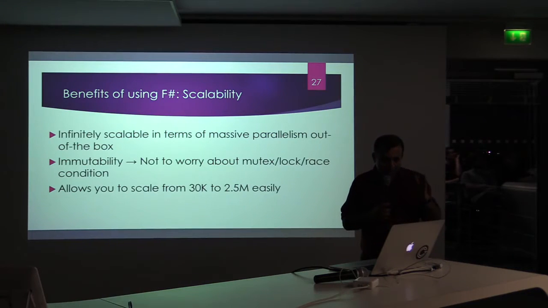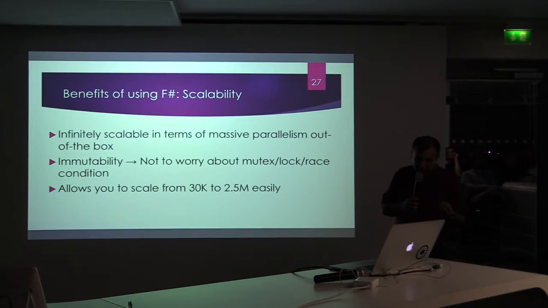Scalability. The benefit of using immutability is that you don't have to worry about thread locks and all this stuff. So you kind of get infinite scalability. You can scale from, in this example, 30,000 to 2.5 million easily because your functions are pure. Right? Your functions are pure, you don't have any issues with scalability.